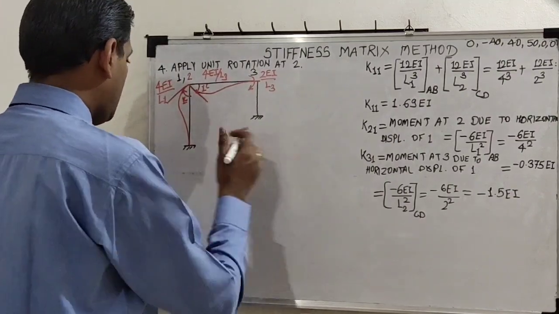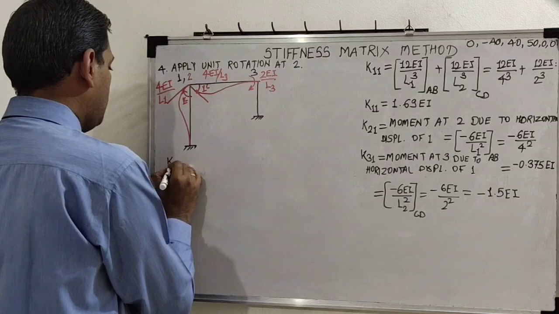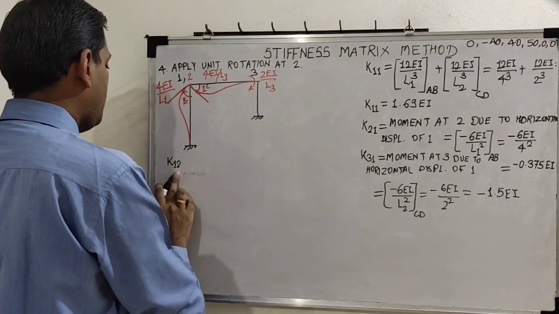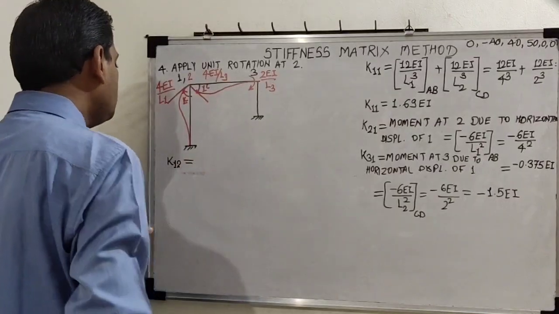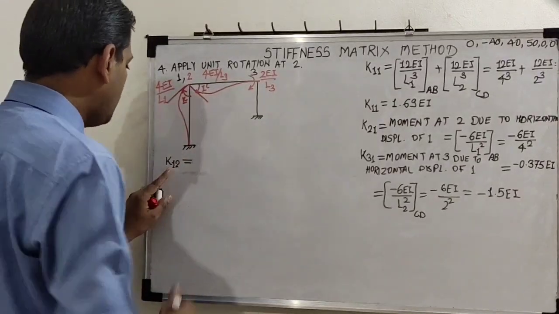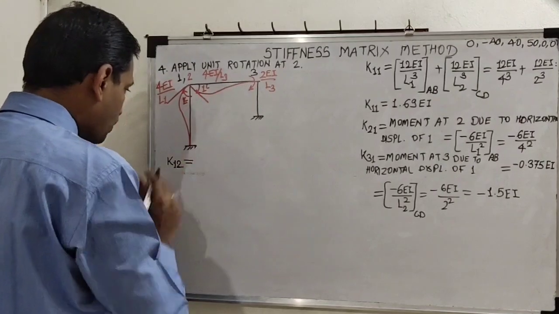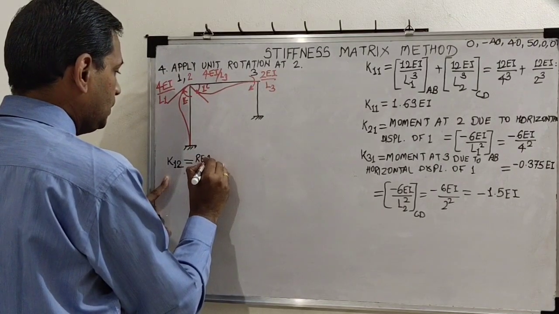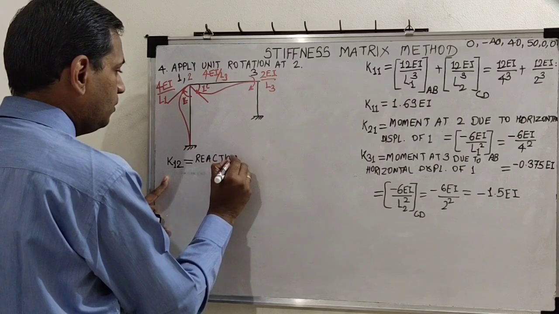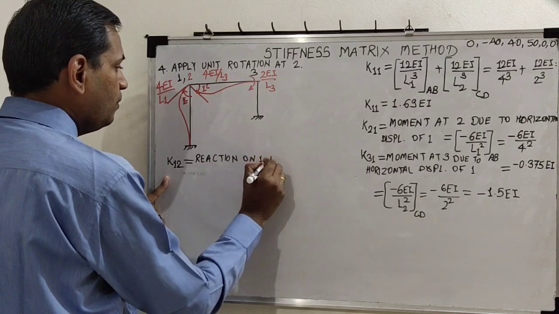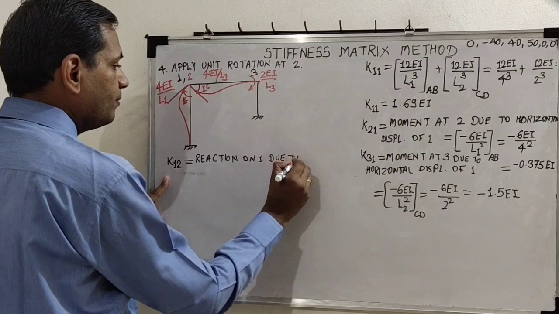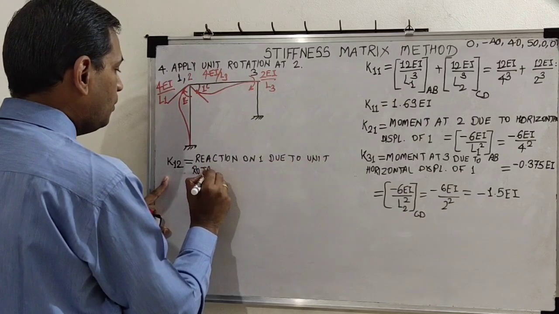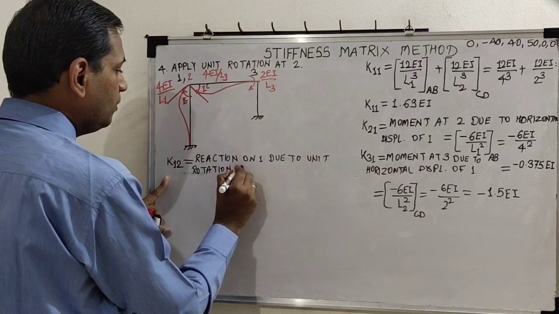So K12. What is K12? K12 is horizontal reaction on 1, due to unit rotation of 2.